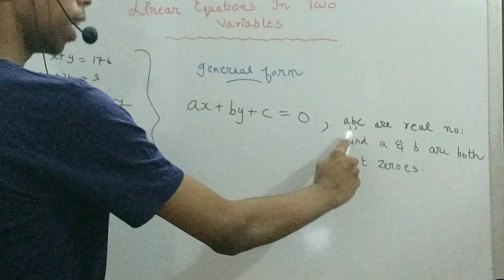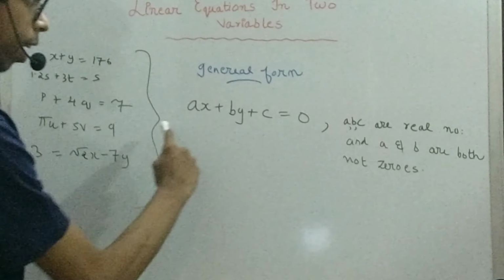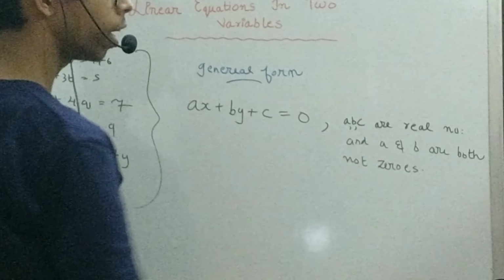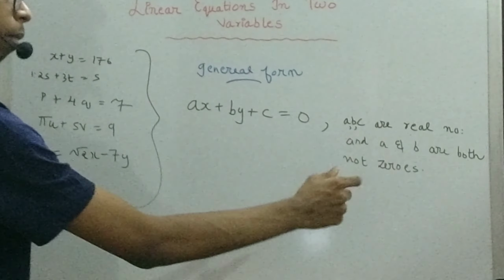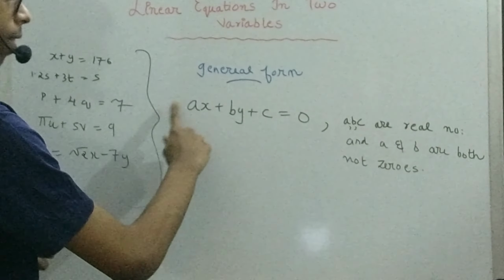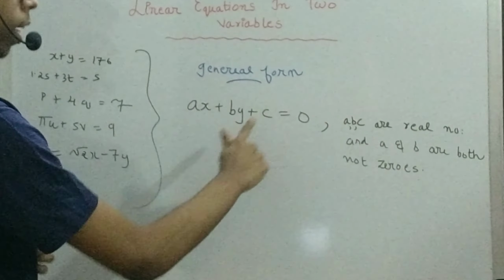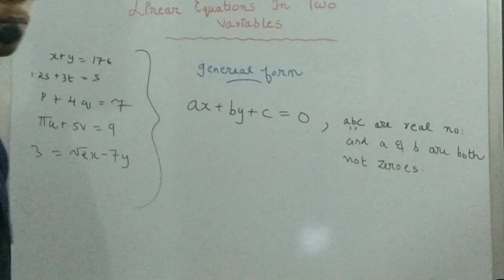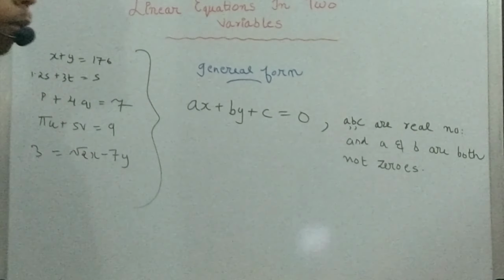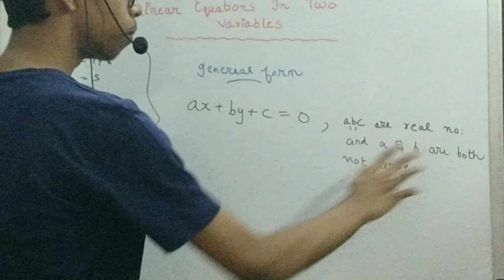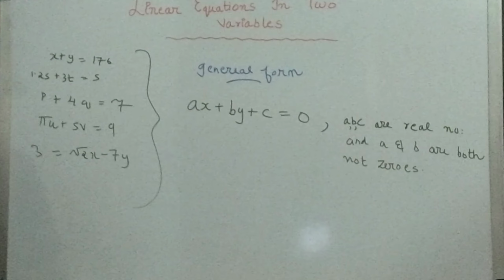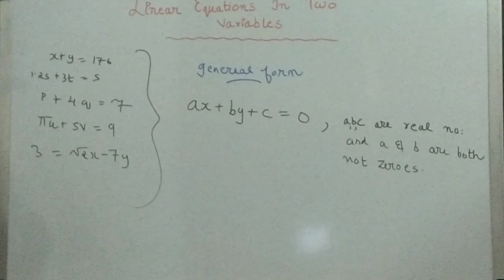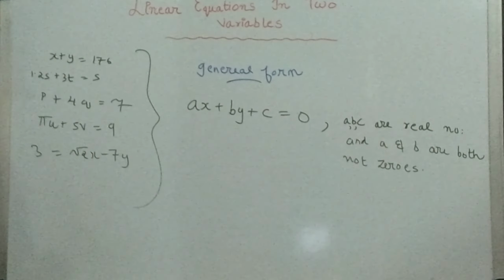Also these a, b, c are real numbers, and a and b are both not equal to 0. What if they become 0? It will be 0 into x plus 0 into y, so only the constant term will be left. There will be no two variables. So always a and b should be non-zero. This is the general form of a linear equation in two variables.